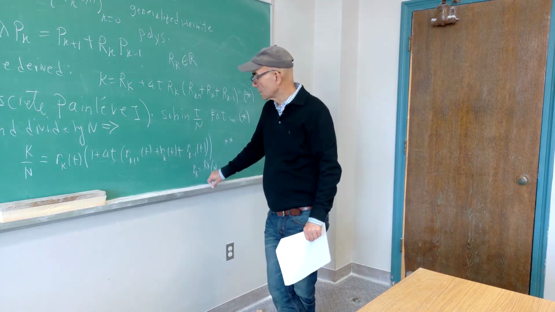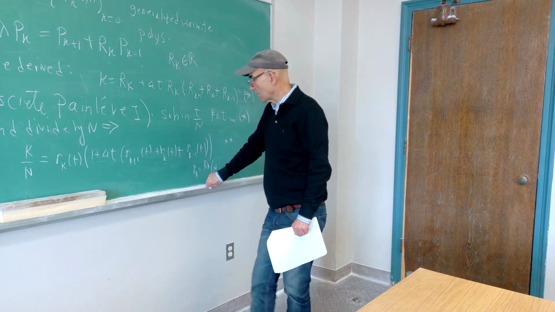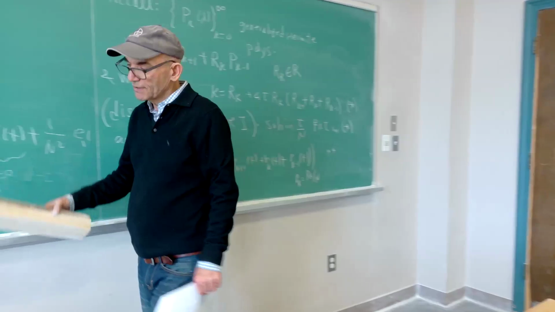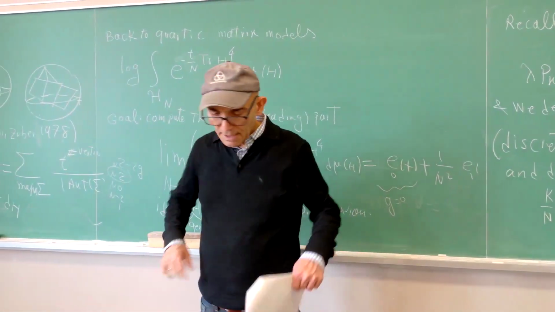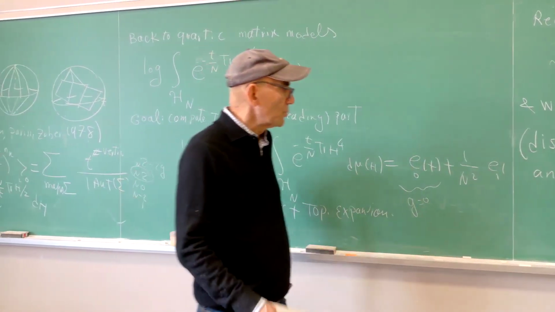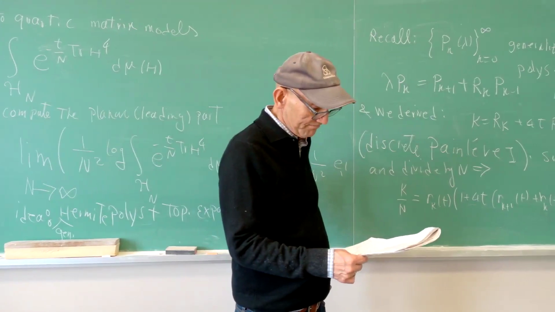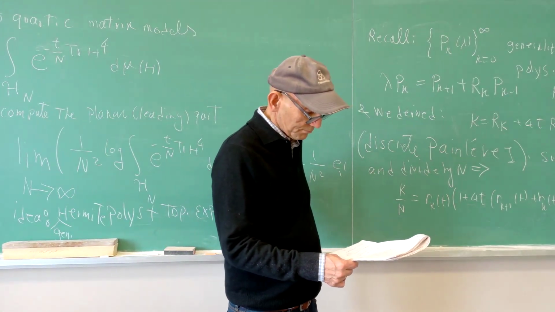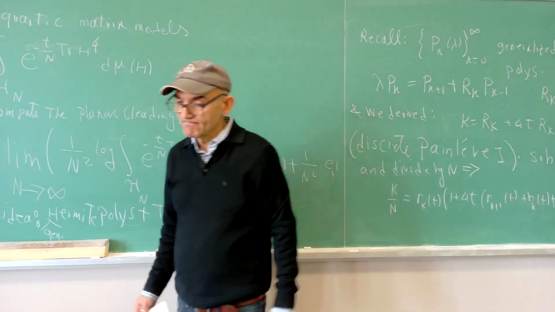Now something very crucial happens. We can let n go to infinity. If you just let n go to infinity and don't change k, you don't get anything.